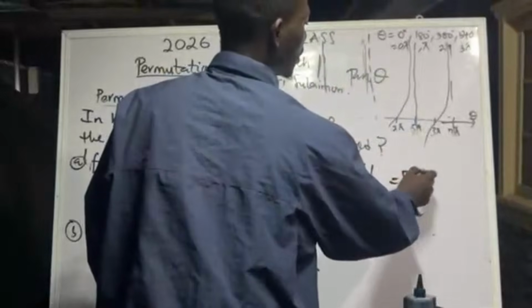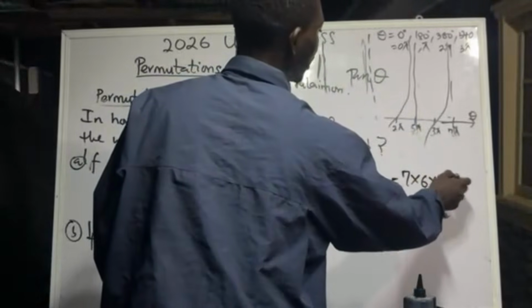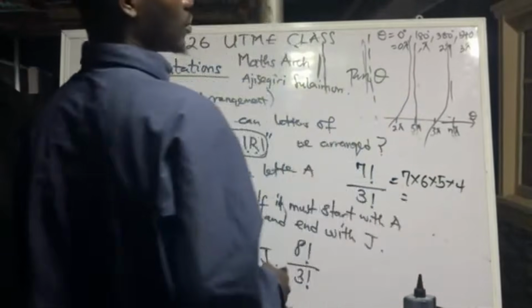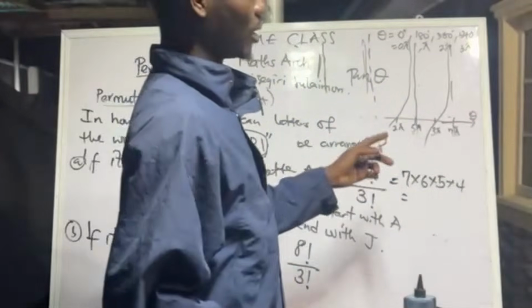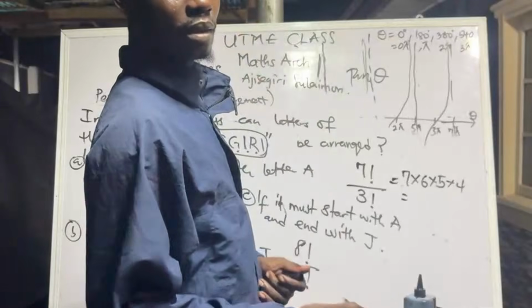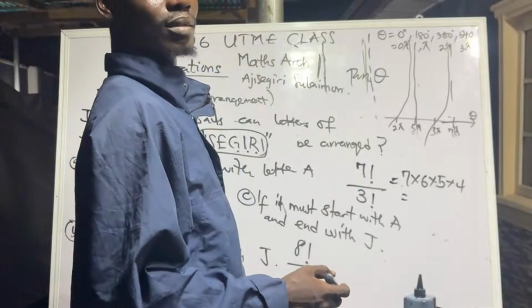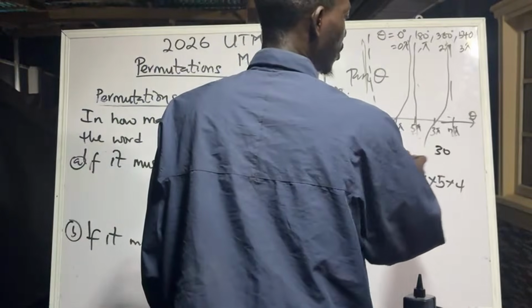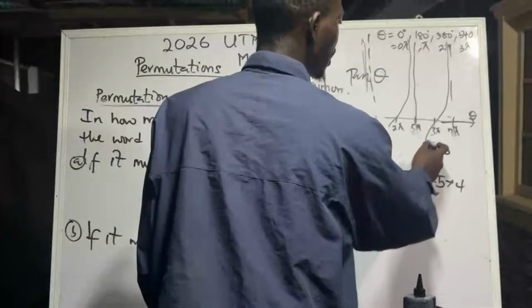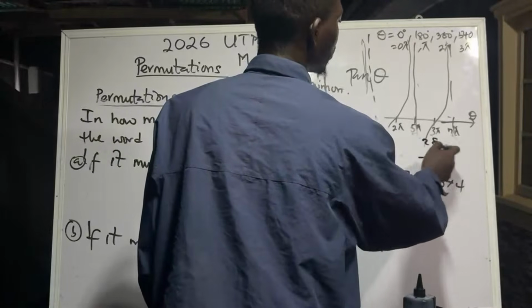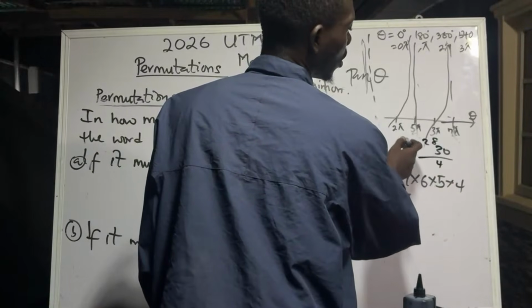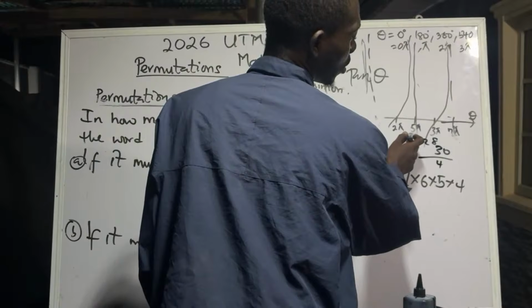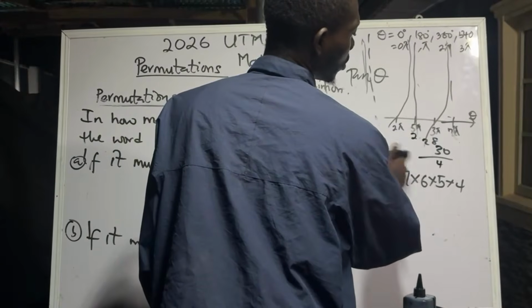So what would that be? That would be 7 times 6 times 5 times 4, and that would be 30 times 28. 840.